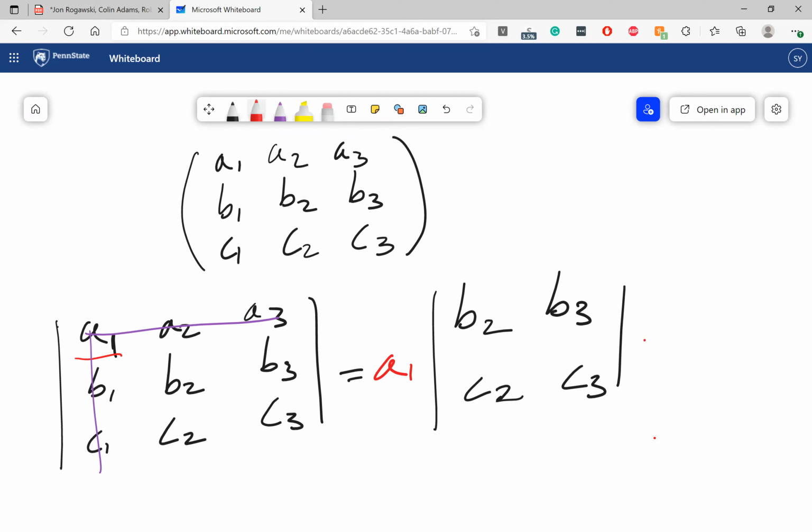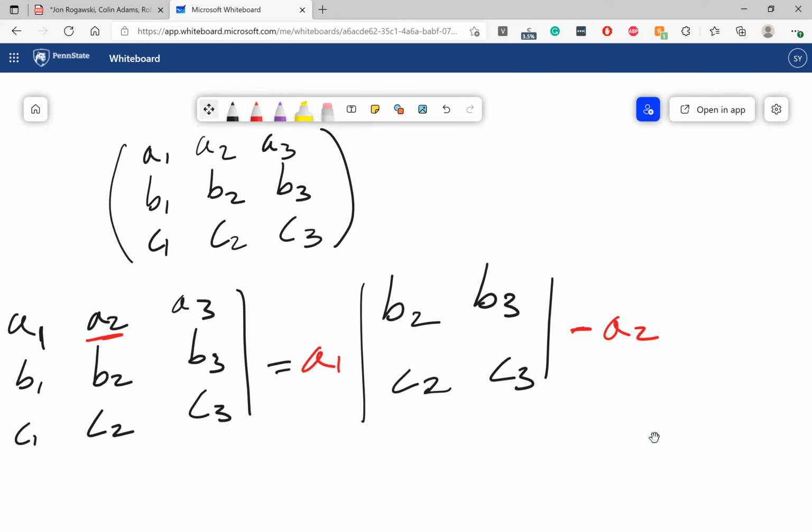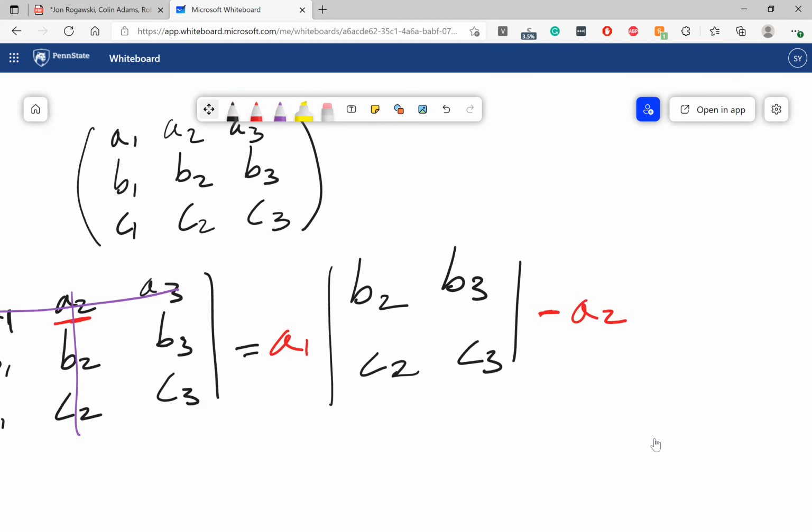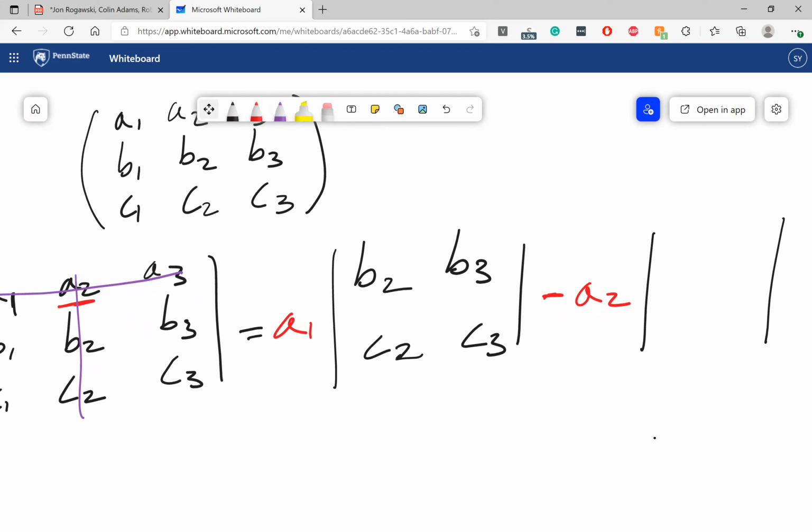And then we do minus, and we go to the next coefficient in line, which is A2. And we put that A2 over here. And then again, we cross out these two lines and we get the determinant of the resulting matrix, and we put that over here. And that is B1, B3, C1, and C3.